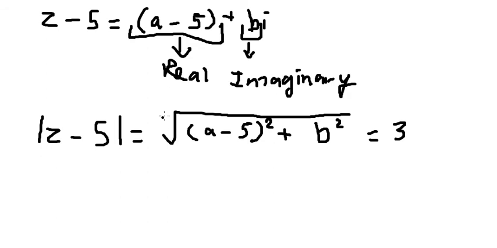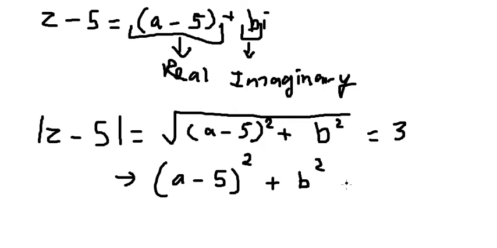Now if we put the power 2 on both sides, we have (a minus 5) to the power of 2 plus b to the power of 2 equals 3 to the power of 2.